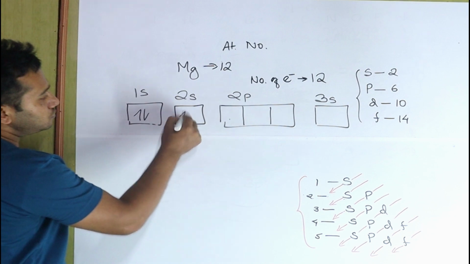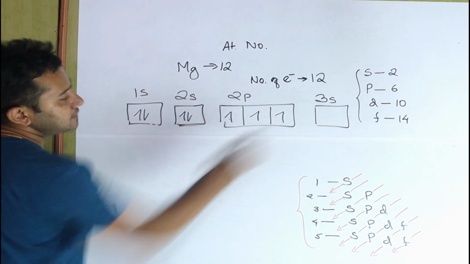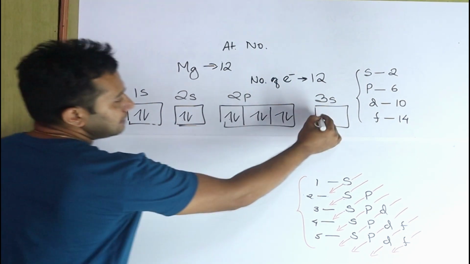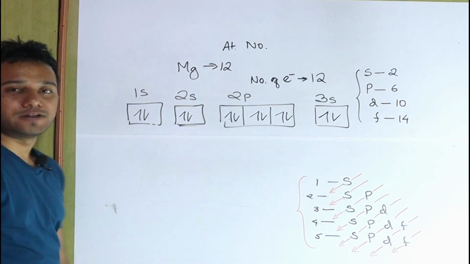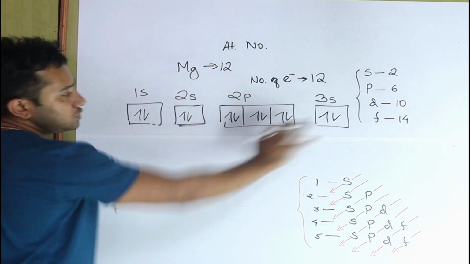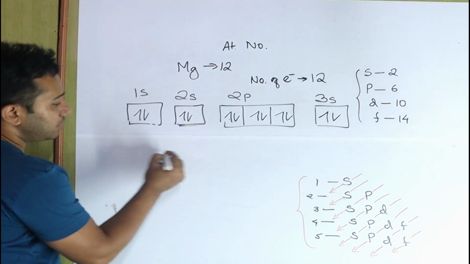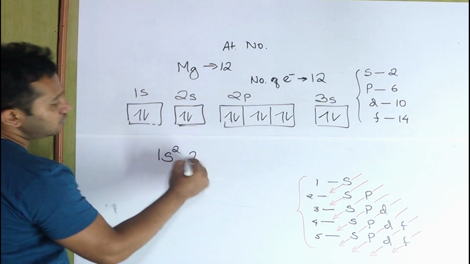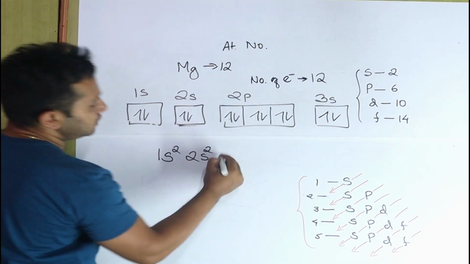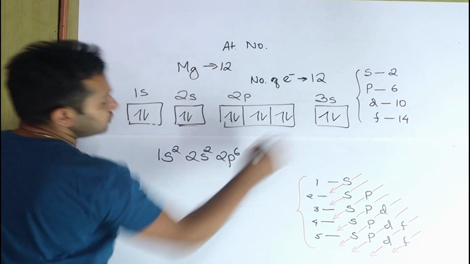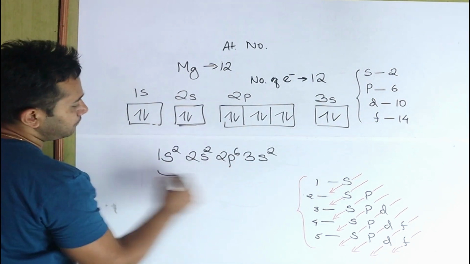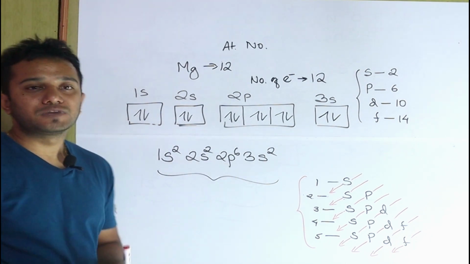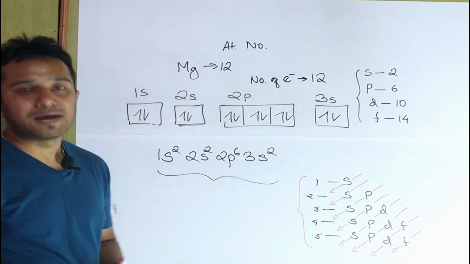So 1, 2, 3, 4, 5, 6, 7, 8, 9, 10, 11, 12. In magnesium we have 12 electrons, and we have filled them. So we'll write the electronic configuration. 1s, how many electrons? 2. In 2s, we have 2 electrons. In 2p, we have 6 electrons. In 3s, we have 2 electrons. So we have 1s2, 2s2, 2p6, 3s2. So this is the electronic configuration of magnesium.